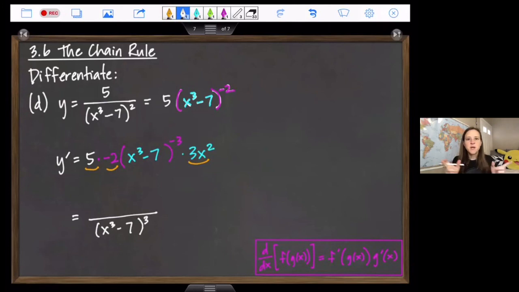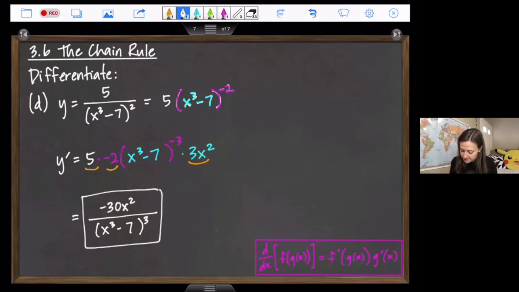And then I'm going to multiply all the rest of the terms with the little orange swoops under them. 5 times -2 would give me -10, times 3x squared would give me -30x squared. And if we had painstakingly tried to take this derivative with the quotient rule, we would eventually end up with the same answer. It just would have been a lot more simplification work.